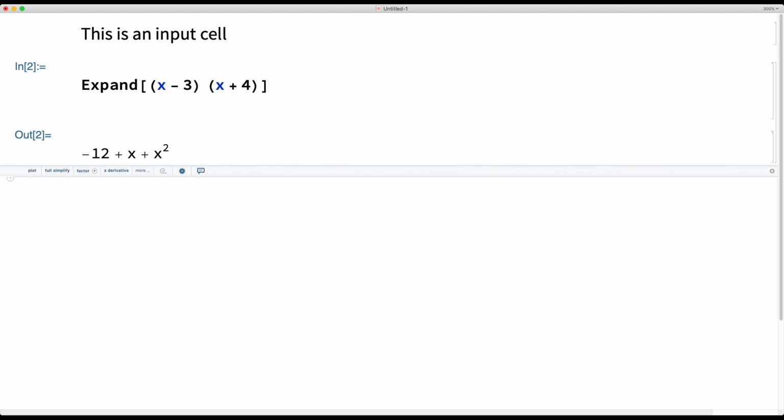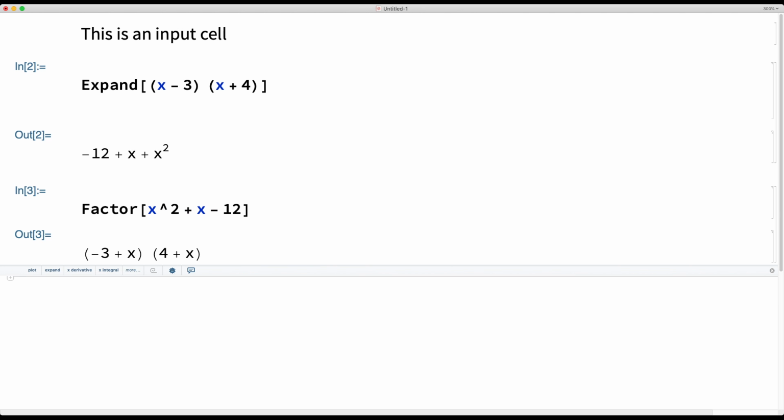Okay, whatever, that doesn't really matter, but that tends to be how it displays it. Okay, and then let's say that I wanted to factor something. Then I can use the factor function to go the opposite direction. So we can do some simple algebra like that.